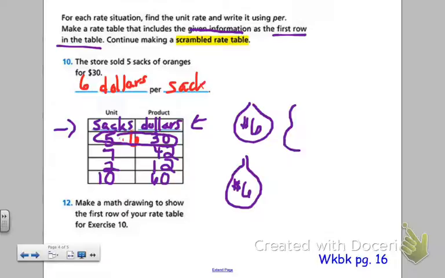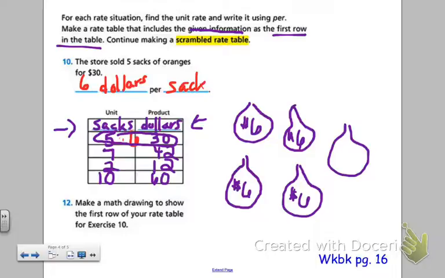And I'm going to make another sack. And I think I need 1 more sack to make 5 sacks total. So there's my 5 sacks of oranges, and each one costs $6, which shows you a total of $30 for the 5 sacks. You are going to have to try doing number 11 and number 13 on your own.